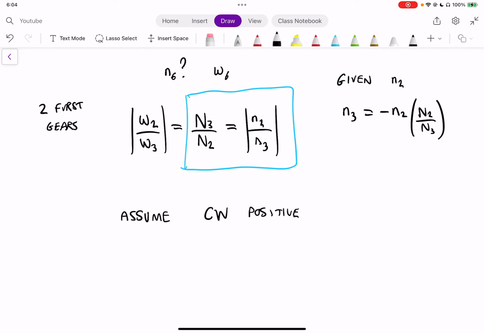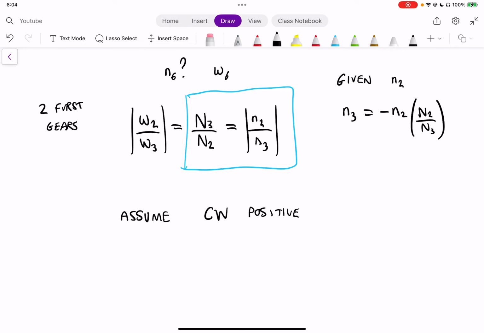Moving forward, you have to be careful here: n5 is on the same axle as n4, so it's going to be rotating at the same angular velocity. N5 in this case is not connected by gear teeth; it's connected by an axle.